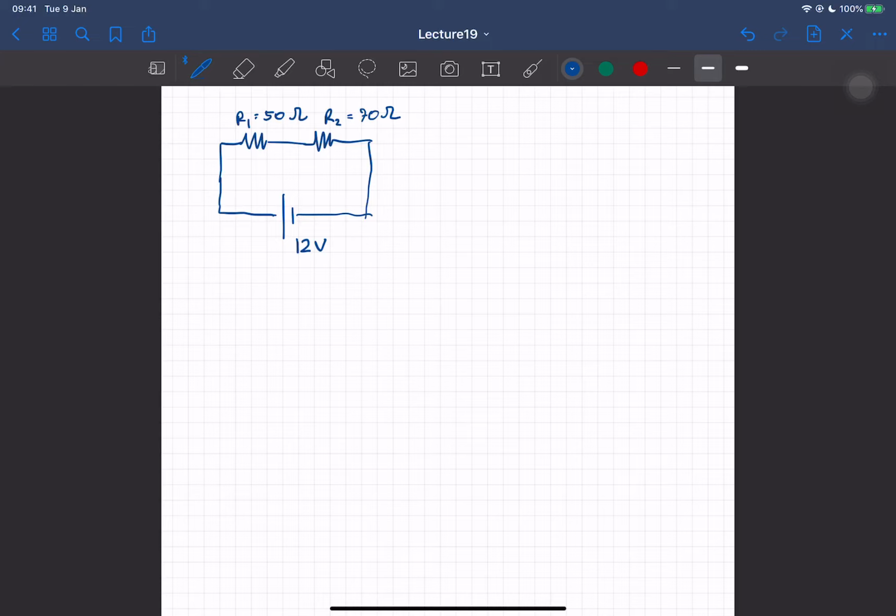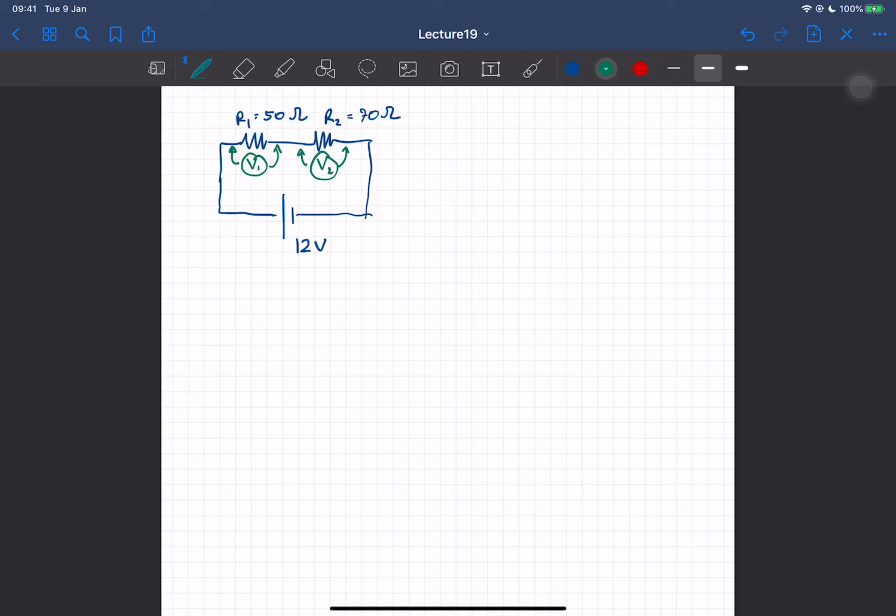Well, actually, I think this is probably a good time to talk about Kirchhoff's rule. So there are two things that I want to mention here. We're going to call the voltage or potential difference across R1 V1, and we want to call V2 the potential or voltage across R2.